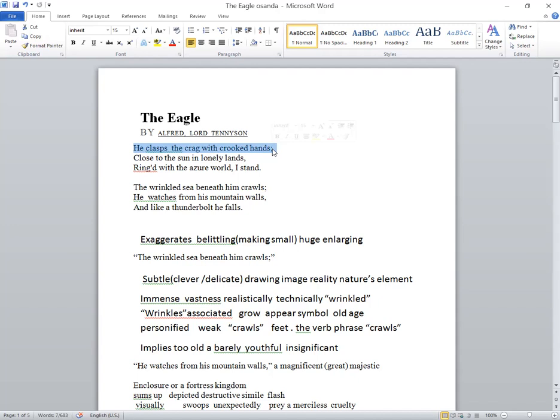Overall, you can see a man-like eagle on the top of a mountain. And this man has crooked hands. Crooked hands means very wicked, violent, merciless hands. They are the implied meanings.